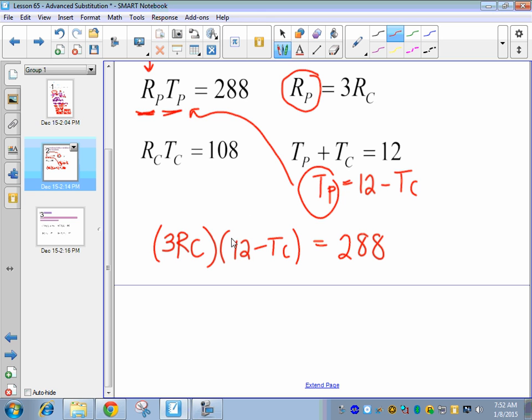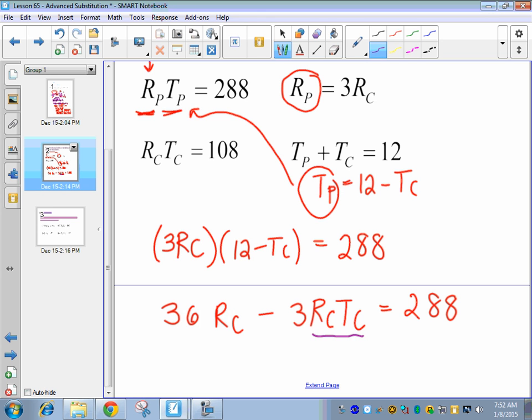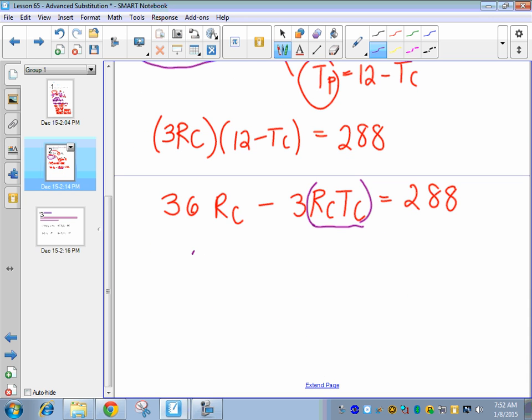Okay, distribute, so we get 36 RC minus 3 RC TC equals 288. All right, what can we replace RC TC with? Right, this equation right here tells us that RC TC is equal to 108.